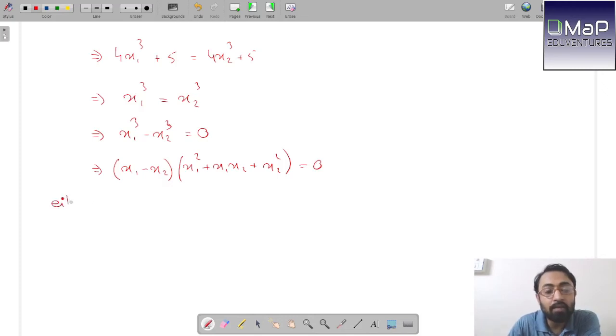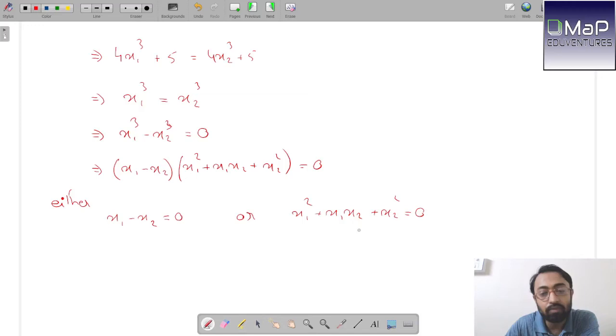So either x1 minus x2 equals 0, or x1 square plus x1 x2 plus x2 square equals 0. All right, now a shortcut part.